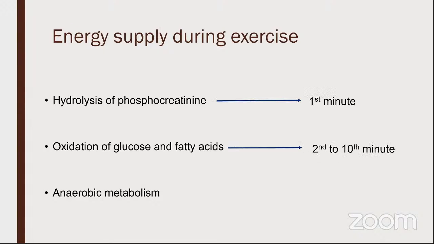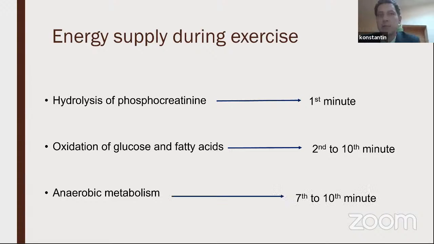Once your oxygen supplies cannot meet your demand, the metabolism switches to the anaerobic metabolism, a less efficient way of producing your ATP.